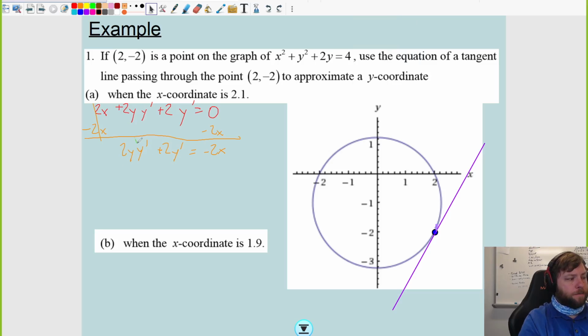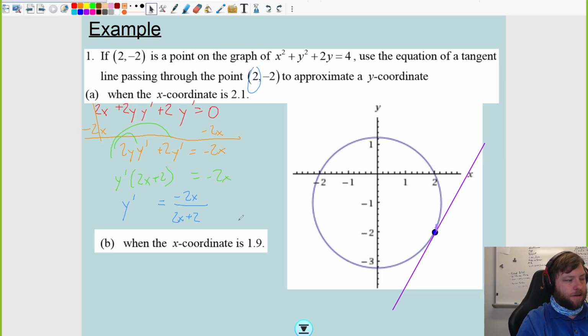Factor out the y prime on the left side to get y prime times (2y plus 2) equals -2x. I guess it's nicer if I would have plugged in numbers. I usually like doing that. My y prime would be -2x over 2y plus 2.